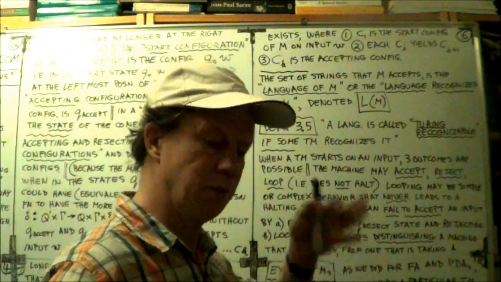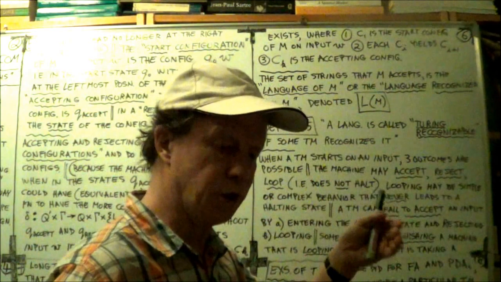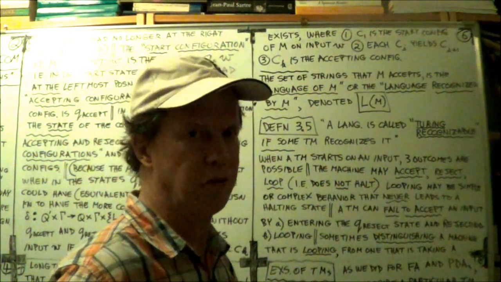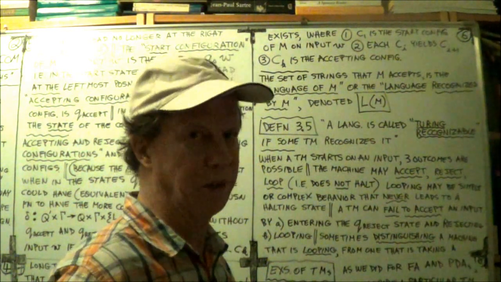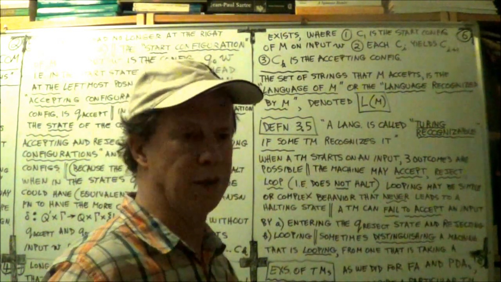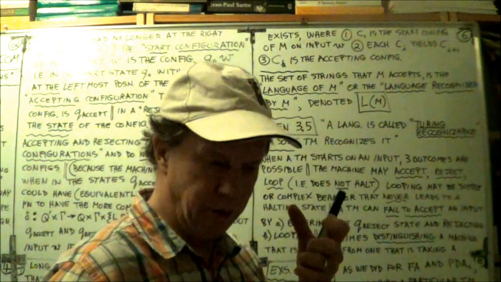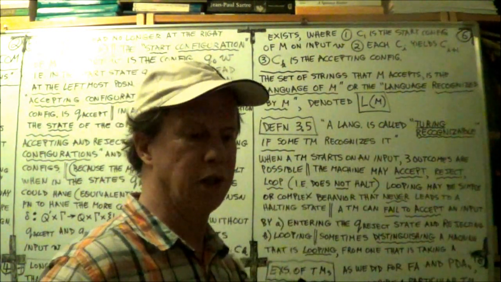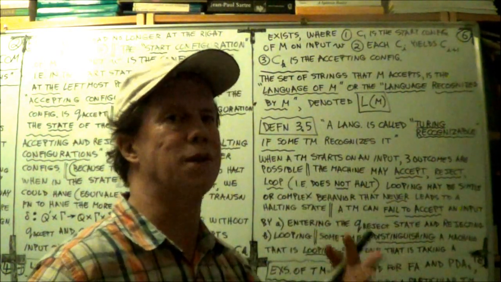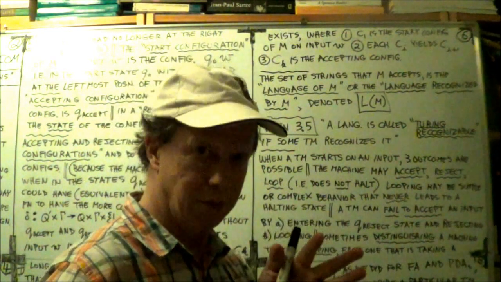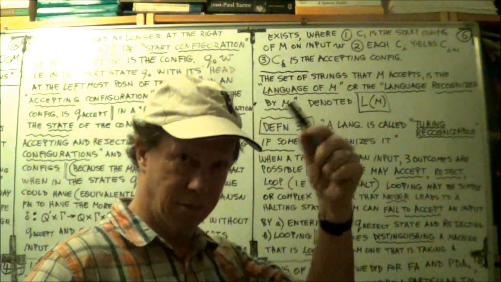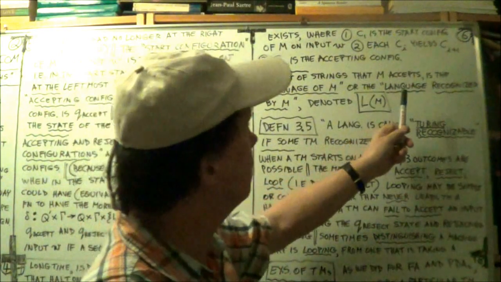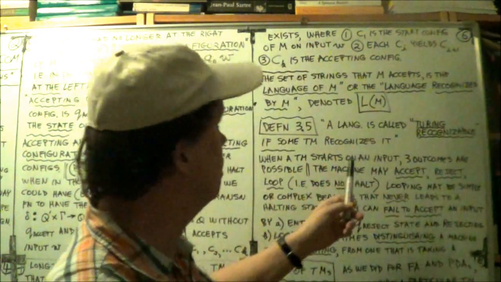It recognizes the language means it accepts all the strings in that language, and rejects the others, all those not in the language. So in that sense, the machine, whether it's a finite automaton, a PDA, or now a Turing machine, recognizes the language. That means it accepts the strings in that language. Okay, if that hasn't penetrated, rewind. Okay, so the language is recognized by the machine.